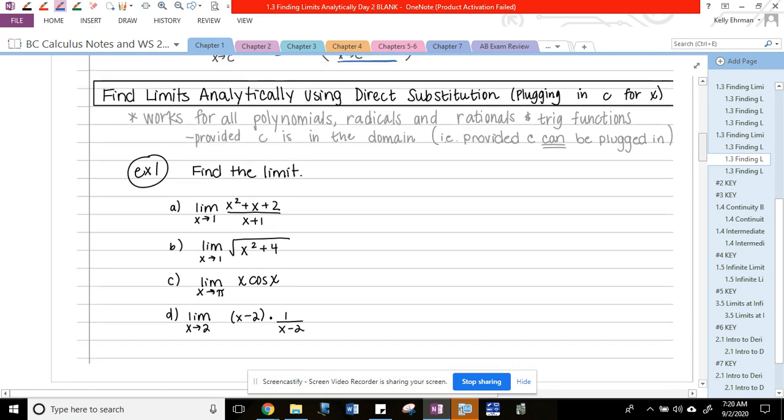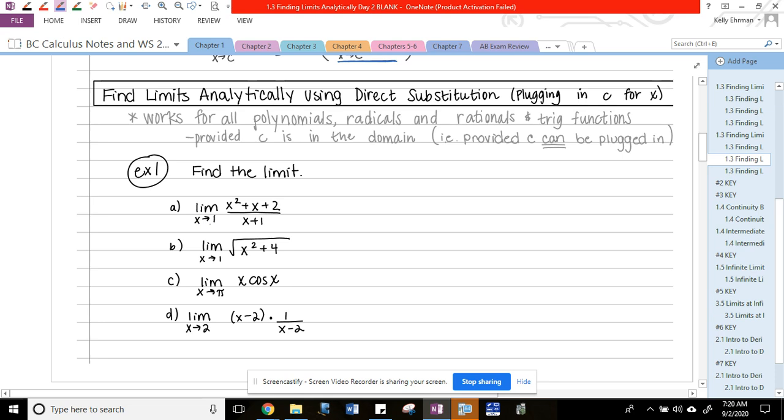All right, so we've been using direct substitution, but now we're going to have some more complicated functions. So direct substitution should work for polynomials, radicals, rationals, trig functions, as long as the value you're plugging in is in the domain, meaning it can be plugged in. And if it can't, we'll explore a few workarounds.